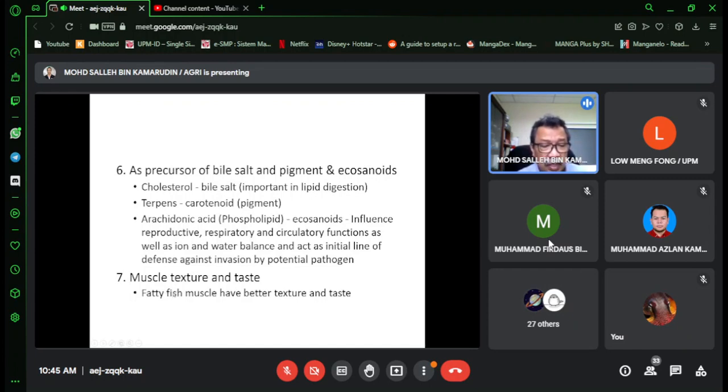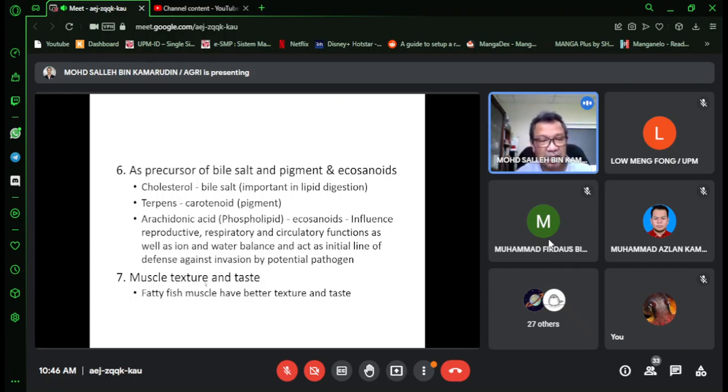And then last, biasanya adalah the muscle texture dan juga taste. You need the lipid in the fish muscles, so that they provide a nice texture for the fish. That's why some fish they taste really good with good muscle texture and good taste.